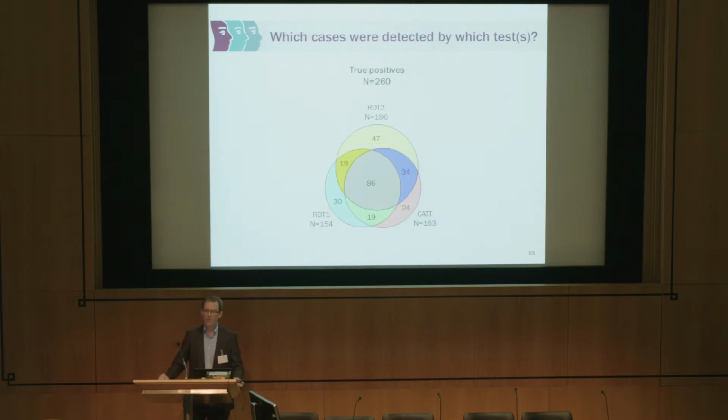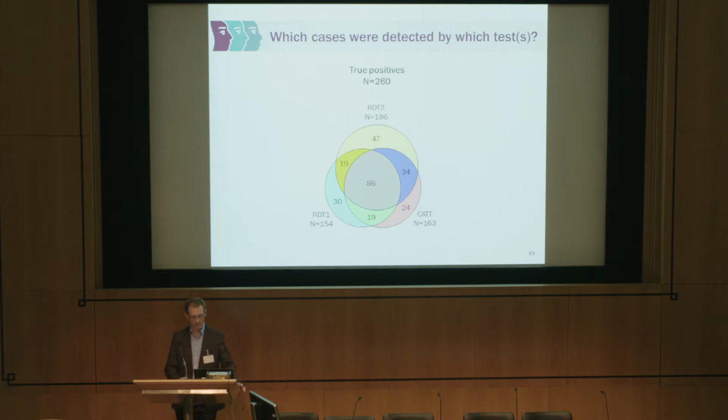So now trying to think a bit more about the surprising results we got about sensitivity. What we did here was to consider the 260 confirmed cases and try to see more specifically by which test they were picked. And as you can see, while a number of them were detected by all three screening tests, many of these cases were also either detected by one or by two screening tests.